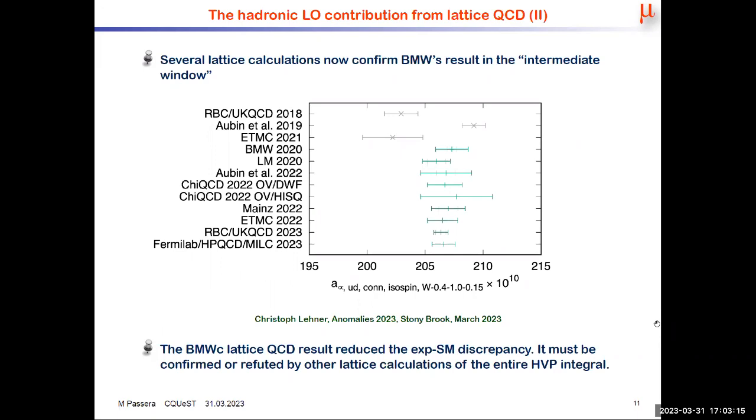They agreed on this window in order to study it all together, all collaborations, because it is easier to compute than the full contribution. Because of course, first of all, they have to agree on that. And they do, and they really do. And this is the result you see. These are superseded, so let's forget about this one in gray, but look at the green ones, they are in very good agreement.